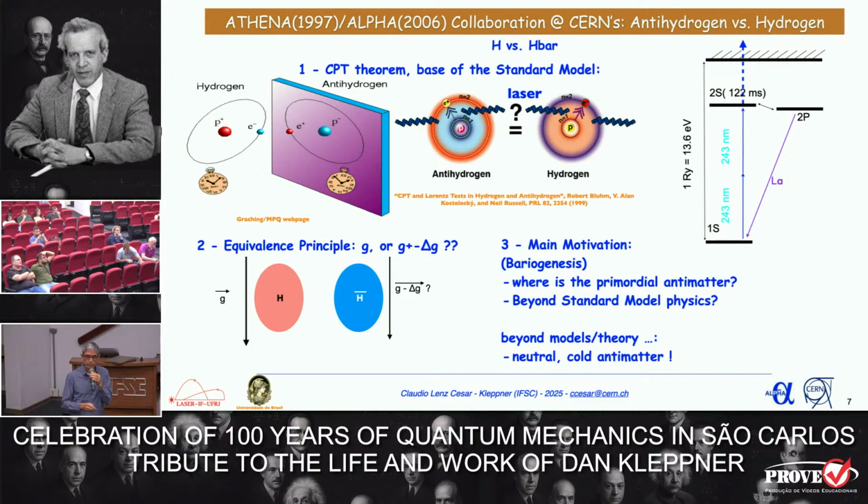And the energy levels of interest are the ground state of hydrogen, the 1s state, and the 2s state. This state is metastable. It lives for 122 milliseconds. So you can literally watch it and time it with your cell phone, right? Because it's 0.1 second, okay? It's very long-lived. And this transition is in the ultraviolet.